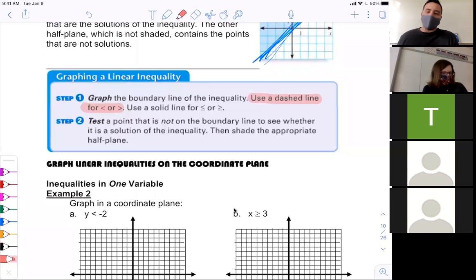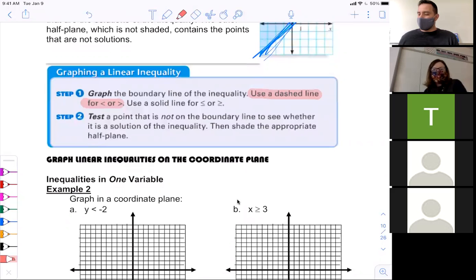So the only change is when you use a dashed line, and that's when it does not have the equal sign below the inequality. After you graph, you want to test a point that is not on the boundary line to see whether it's a solution of the inequality. And then you want to shade either that side or the other side.